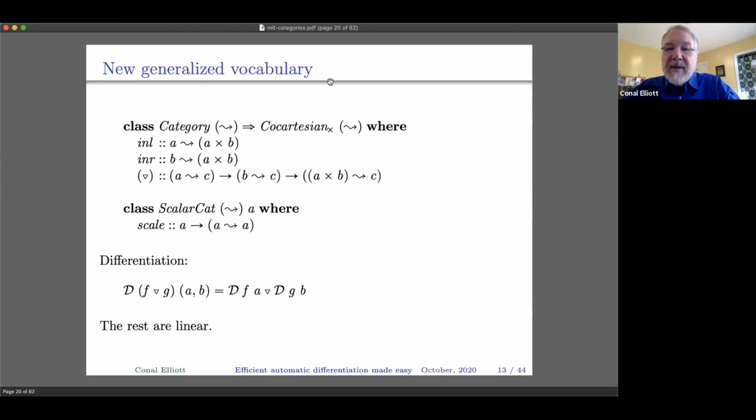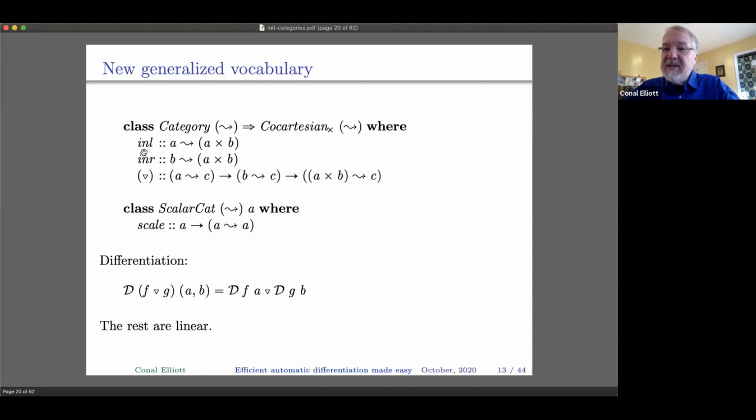So that's why this is a funny definition of Cocartesian, because this is really Cocartesian in a biproduct category, in which the products and coproducts are the same. So this notion of Cocartesian in biproduct categories is dual in the sense that Cocartesians are always dual to Cartesian, except here we have the coproduct being the same as the product.